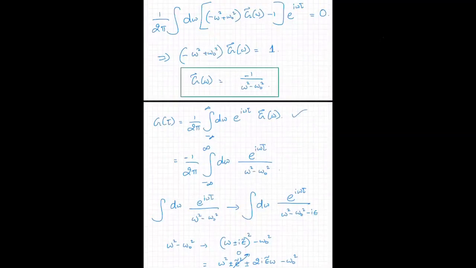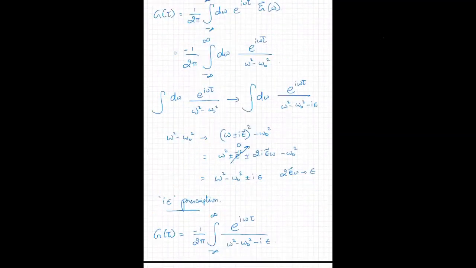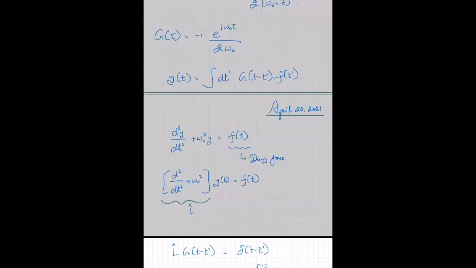Using this Fourier transform, we were able to get a simple algebraic equation for g tilde of omega, which is over here. And then we plug this g tilde back in the formula for the Fourier transform and evaluated g using some contour integration techniques. And once we found g, the solution was very easy.